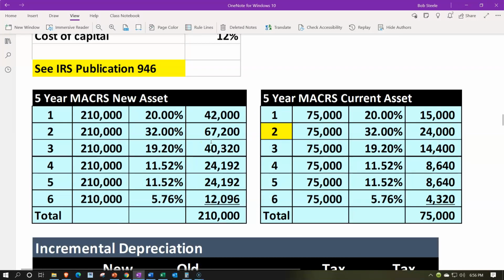That would result in the depreciation for periods 1 through 6 of the 42,000, which would be the 210,000 times the 20%, the 210,000 cost times the 32%, 67.2, the cost times the 19.2%, gives us the 40,320, and so on and so forth. If we add those up, of course, we would be allocating the cost, which we're saying that we're actually going to pay cash for in period 0, of the 210,000 over the 6-year time period, which would be the 210.